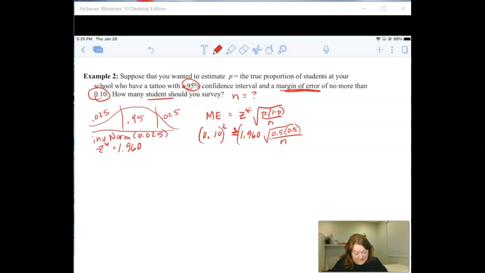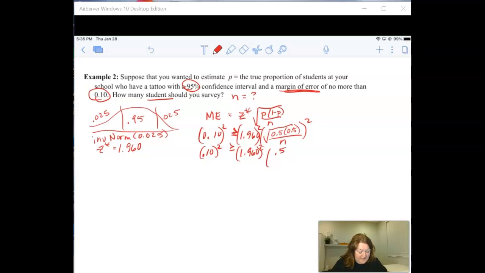So I'm going to square this, this, and this. That's going to give me 0.10 squared has to be bigger than or equal to 1.960 squared times 0.5, one more, 0.5 over n. Because if I square a square root, the square root goes away.